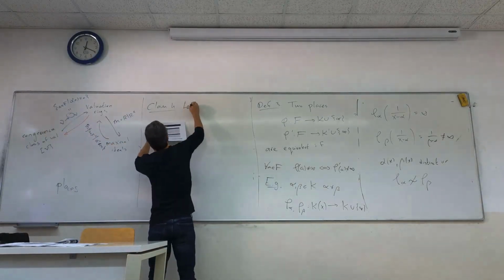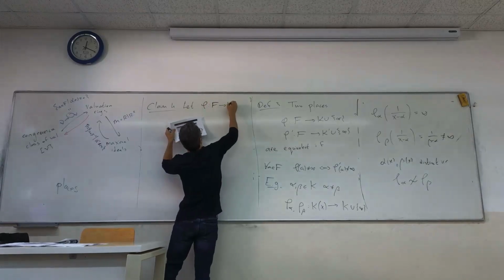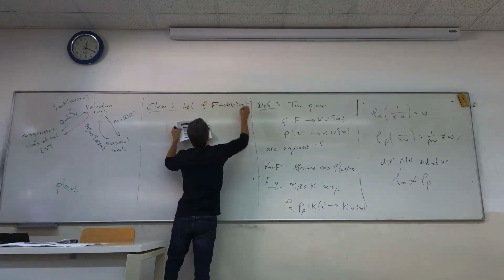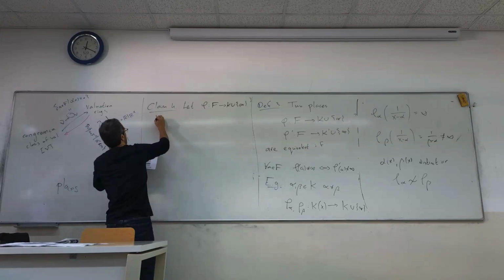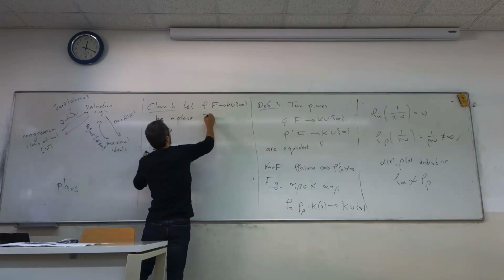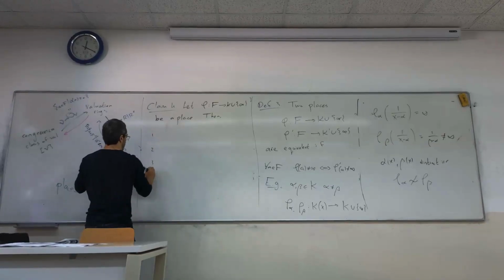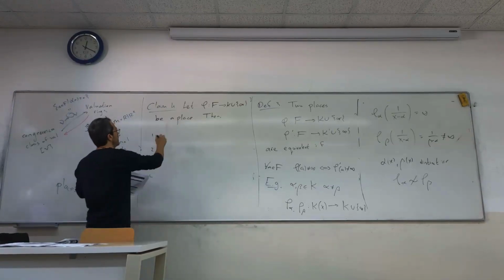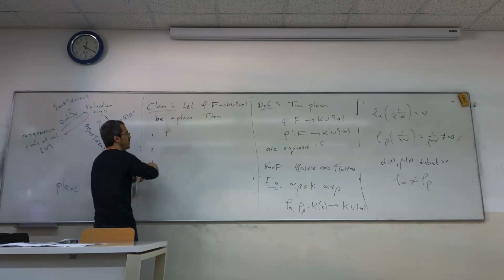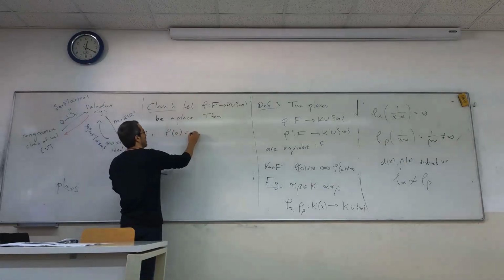So here are some obvious properties. Let's say you have a place. The first one is, what is phi of 0? What do you think it should be? It should be 0, right?